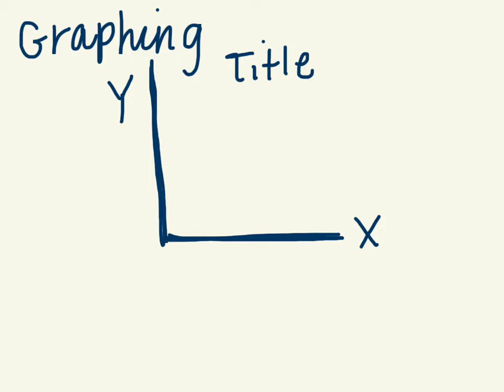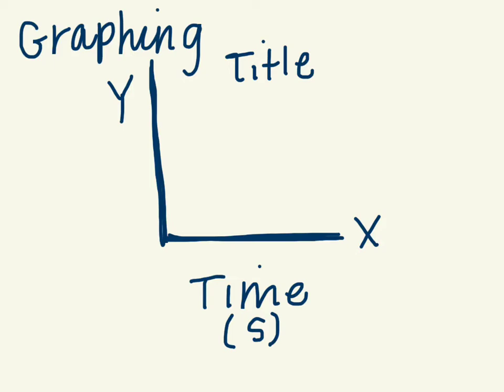A quality graph has labels on the x and the y-axis. More times than not, almost 100% of the time, time is on our x-axis. And in this case, using the example of meters per second, I would have seconds down below here.